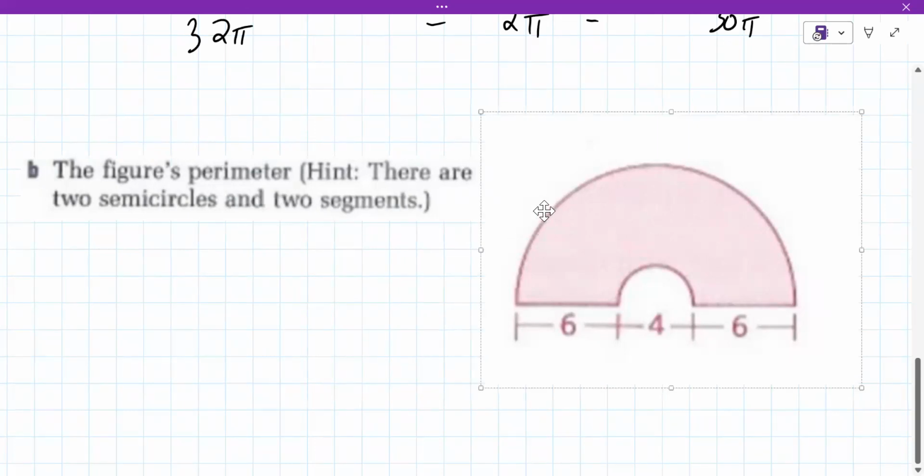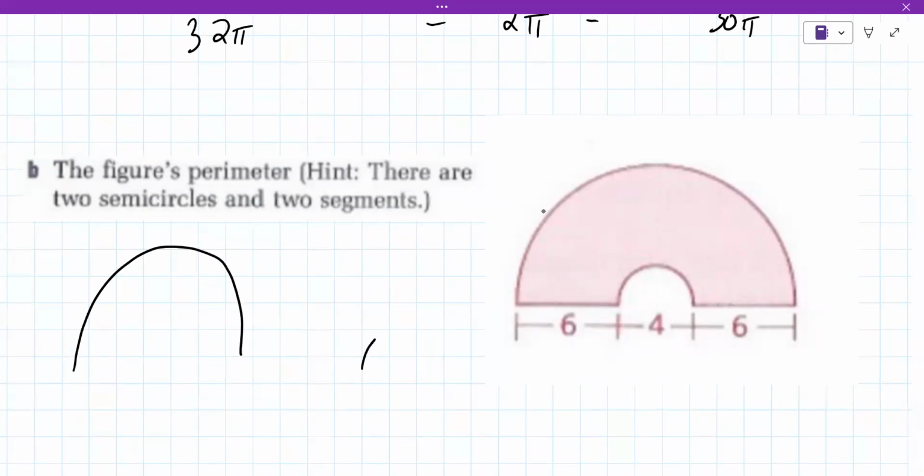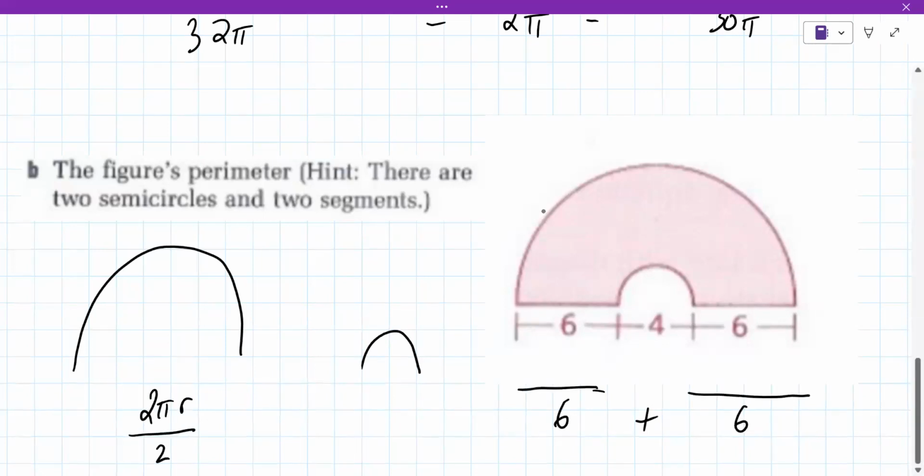So again, it's this part of the big circle, this part of the little circle, and then there's 2 segments. And we know those are 6 and 6. So the big circle, the circumference is 2 pi r, but we only want half of it. And again, it's probably better to use big R to indicate the big radius of 8.